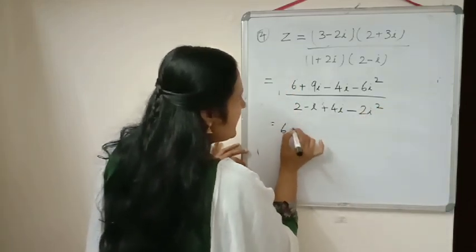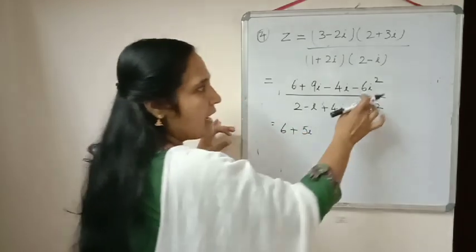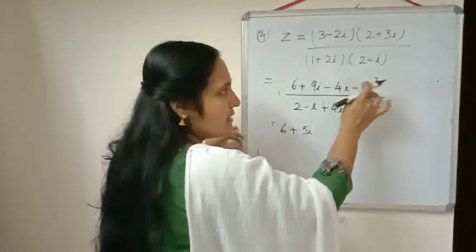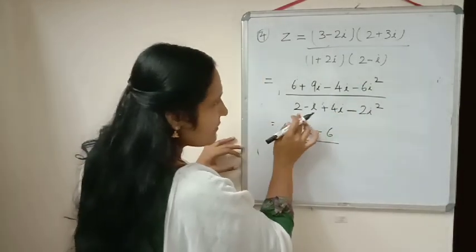Now 6 plus 9i minus 4i will be equal to 5i. i square is minus 1, so minus 1 into minus 6 will become plus 6.